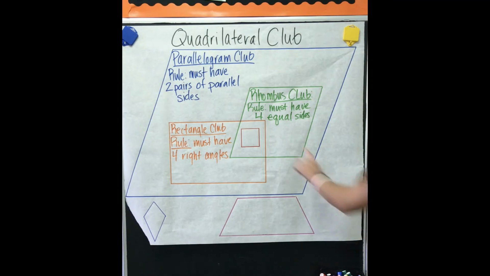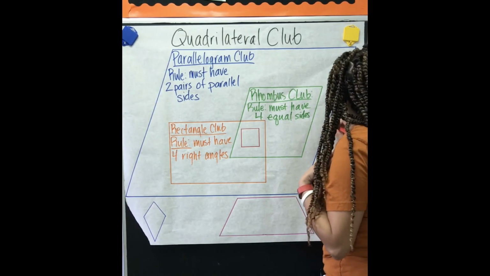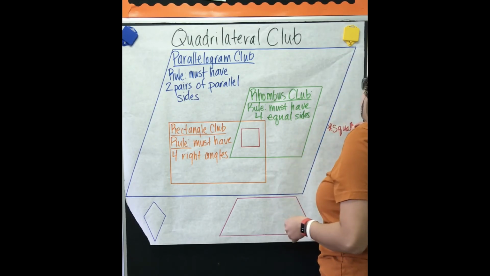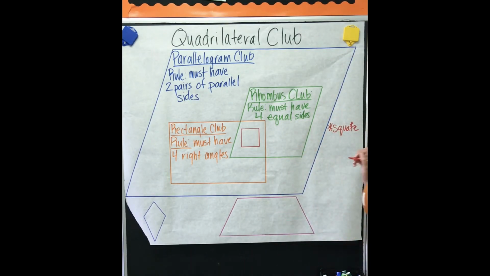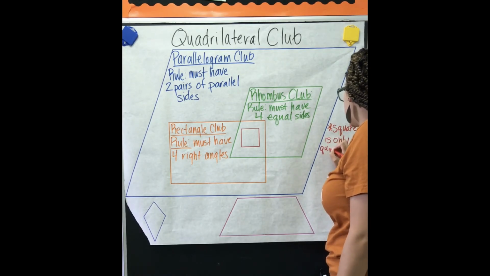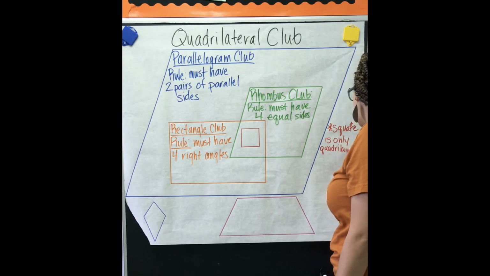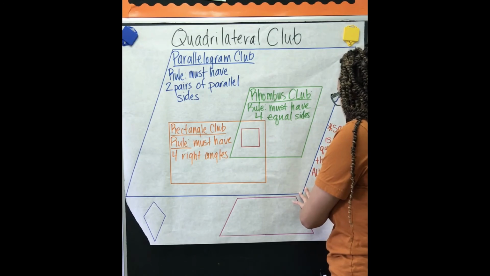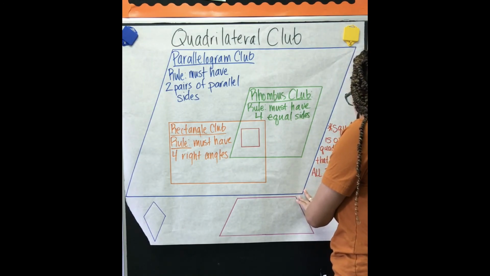But if you notice, we got the shape in here. What shape is that? It is a square. And it is a very exclusive club. A square is the only quadrilateral that gets in all 3 clubs.